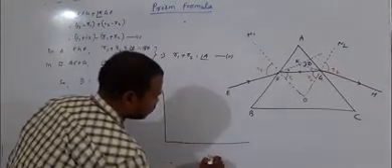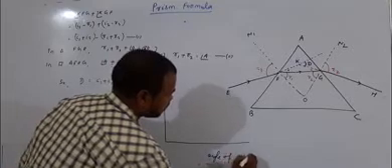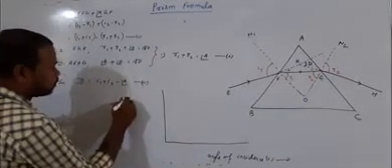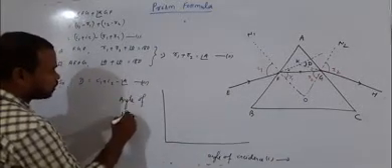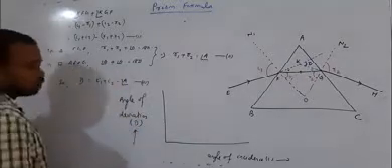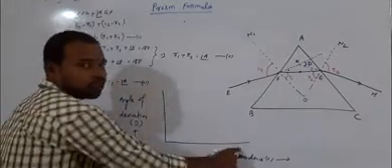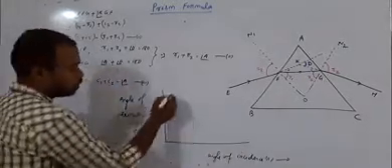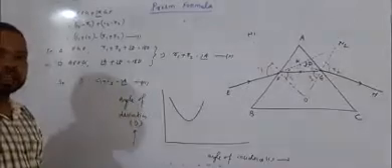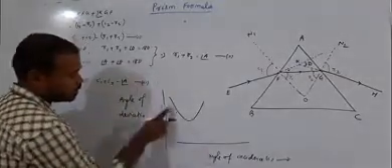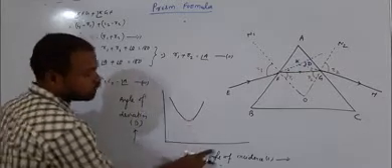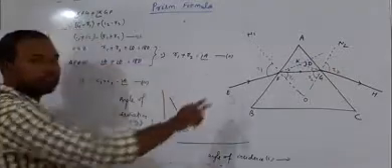This axis is for angle of incidence I, and this is for angle of deviation D. If you draw a graph of the different values of angle of incidence and the corresponding angle of deviation, a graph is obtained like this. The graph shows that first, with increasing angle of incidence, the deviation gradually decreases, becomes minimum, then on further increasing the angle of incidence, the deviation again increases.